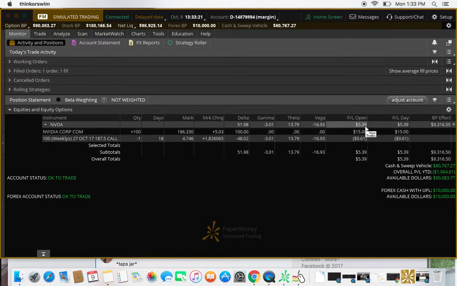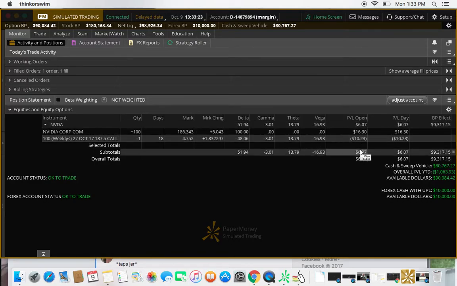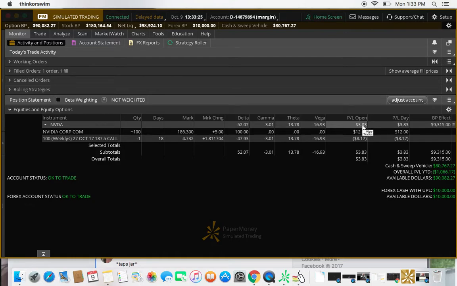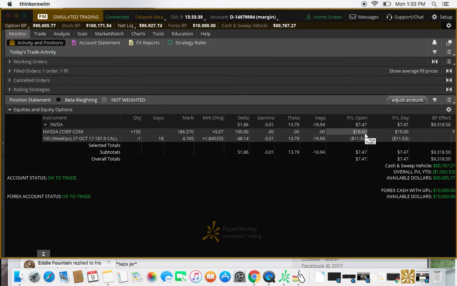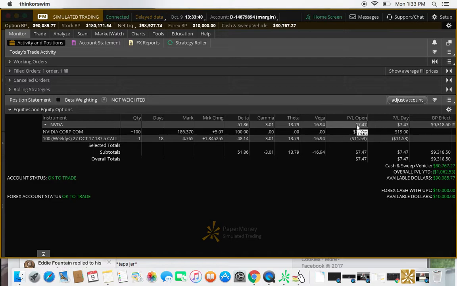So this matches this, and this would be the total I'm looking for, my profit for NVIDIA. And when there's another one on here, it'll look just like this. It'll have the 3 separate lines, and then I'll be able to look at these 2 and see the total profit here.